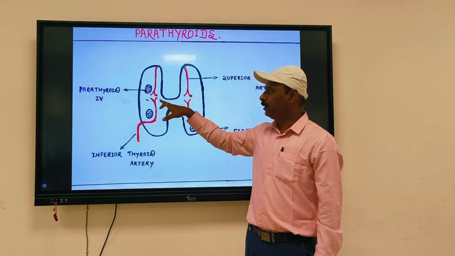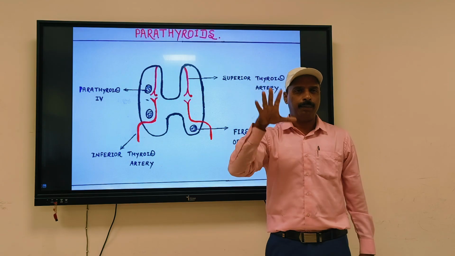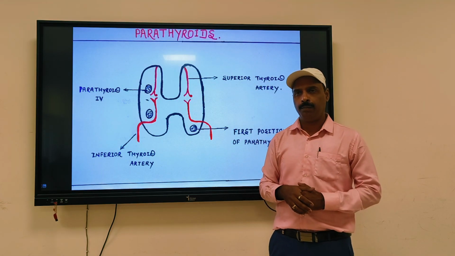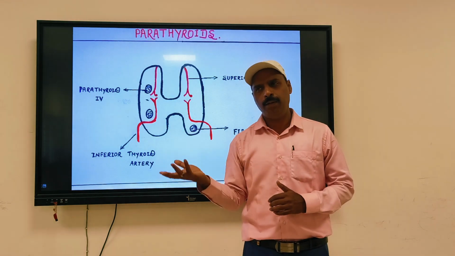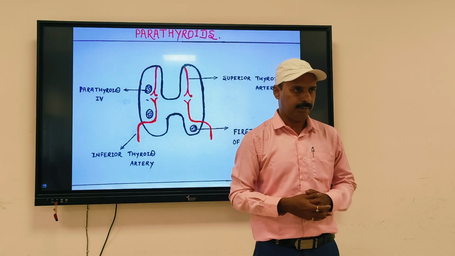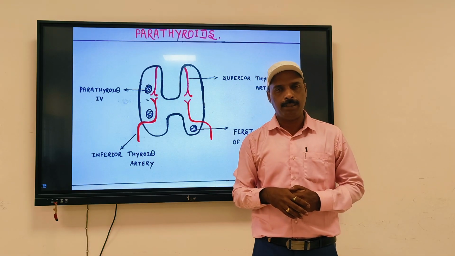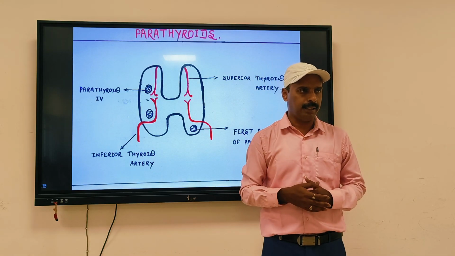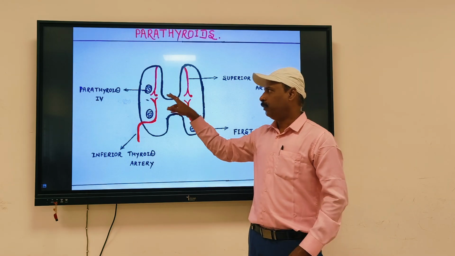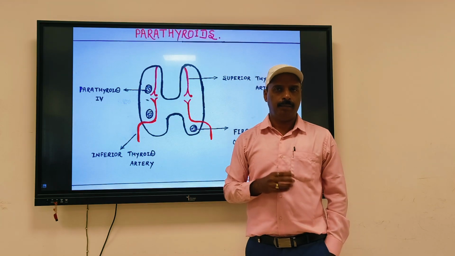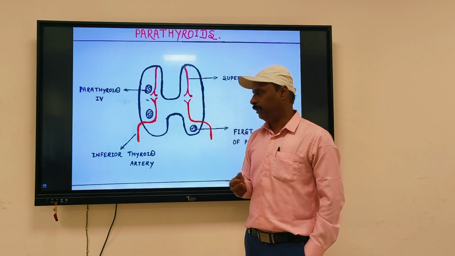Then you have to tell about the blood supply. It has two major arteries, because it is situated on the posterior border of the thyroid. It only supplies the thyroid blood supply. Whatever the superior thyroid and inferior thyroid arteries are there, those are supplying the blood to the parathyroid gland.